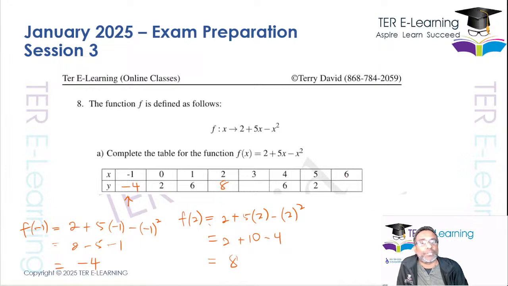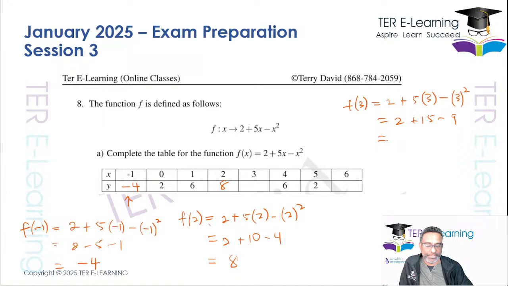Then we need to plug 3 into the formula. So that's 2 plus 15 minus 9. So that's 17 minus 9.